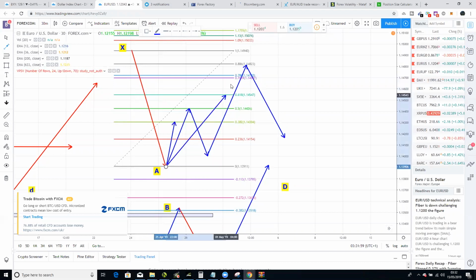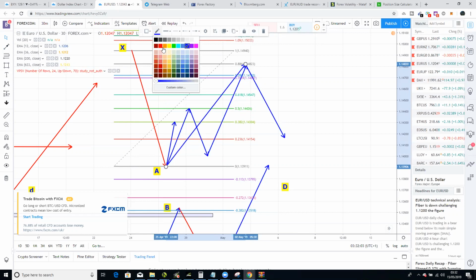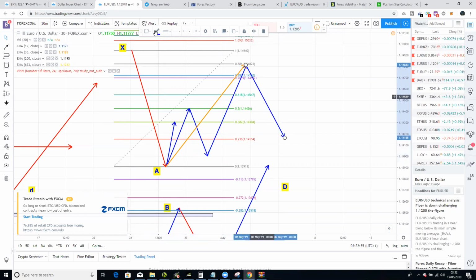But first it performs a journey of A to B equals C to D inside, all right? And obviously, before we see that continuation, the entire retracement to 88.6, then we see the continuation of the previous sell-off, all right?